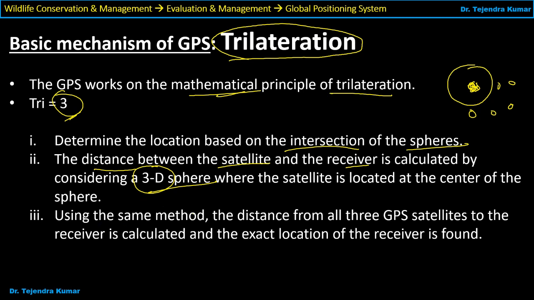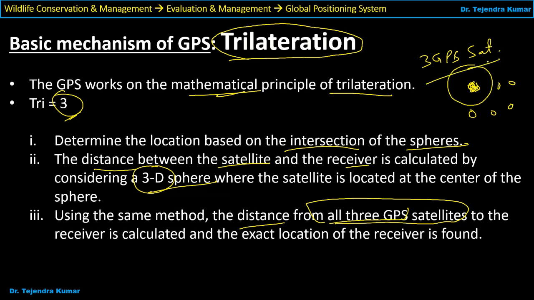Using the same method, the distance from all three GPS satellites to the receiver is calculated and the exact location of the receiver is found. So at a time, three GPS satellites are working and giving signals, so that the exact location is found. That's why it is called trilateration.